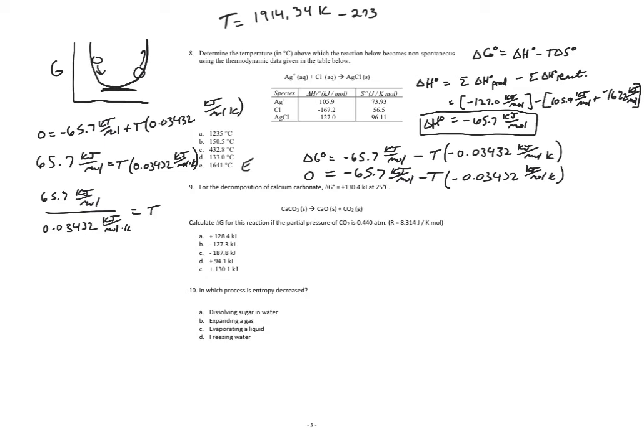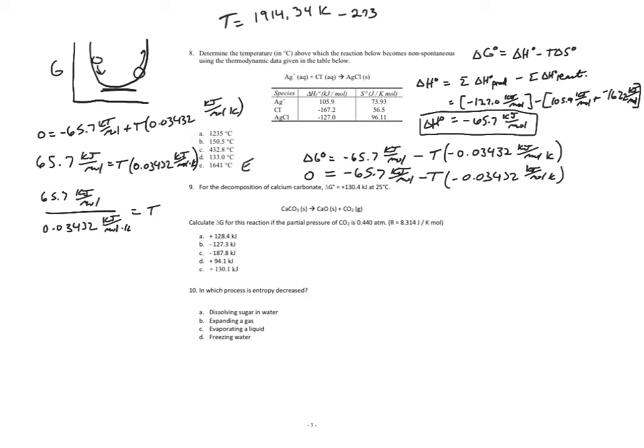What we want to calculate is delta G. Notice this doesn't have a little circle, so it's not a standard state. Instead, this is going to be a reaction that happens if the partial pressure of carbon dioxide is 0.440 atmospheres.